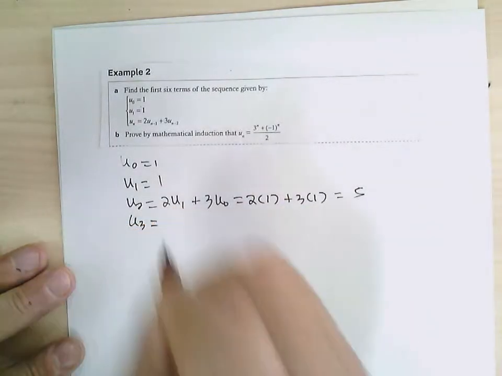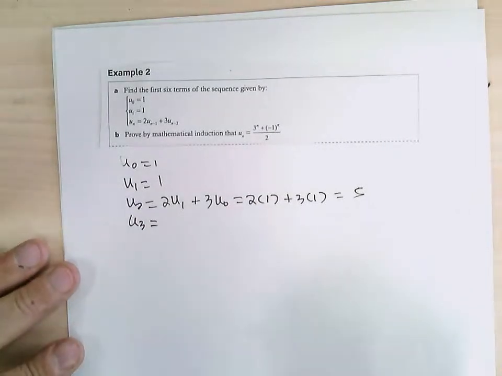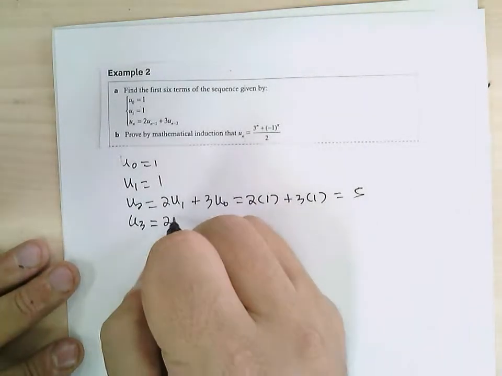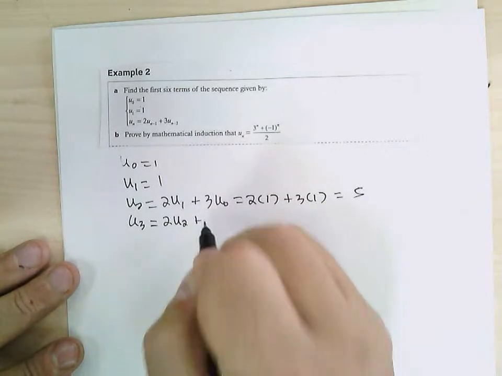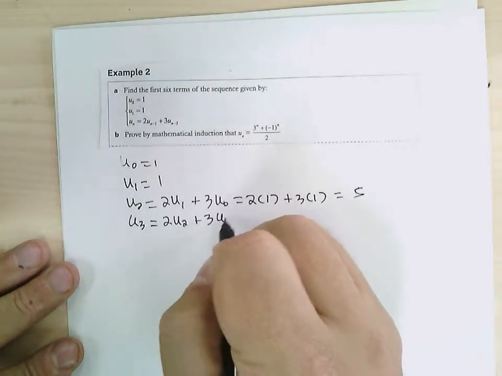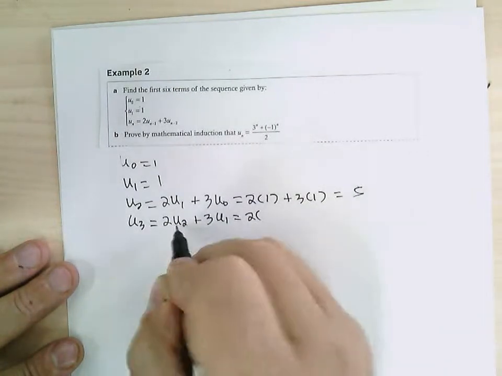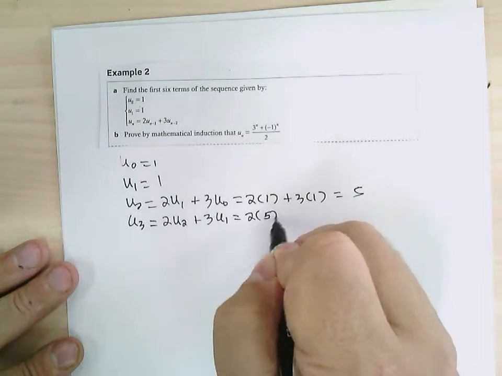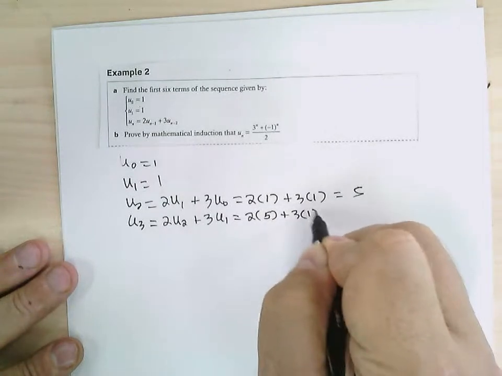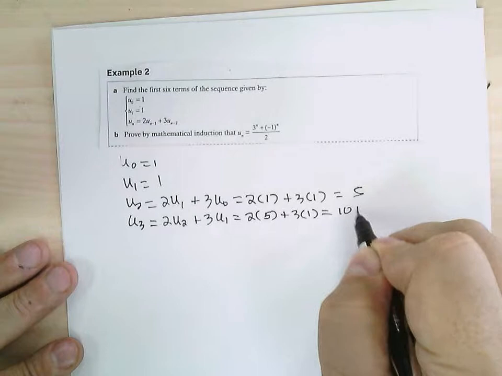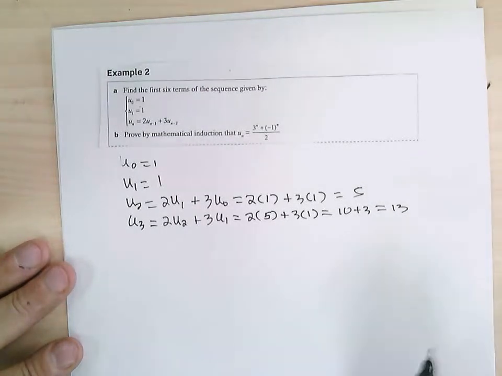u of 3, this would be the 4th term. It's 2 times u of 2 plus 3 times u of 1, which is 2 times 5, and u of 1 is 1, so that's 10 plus 3, which is 13.